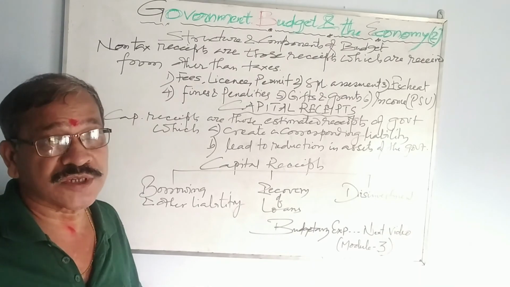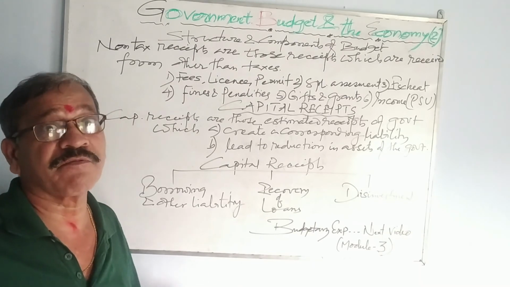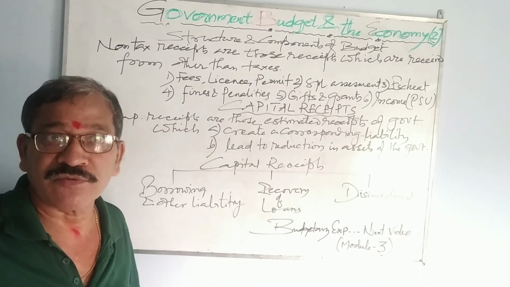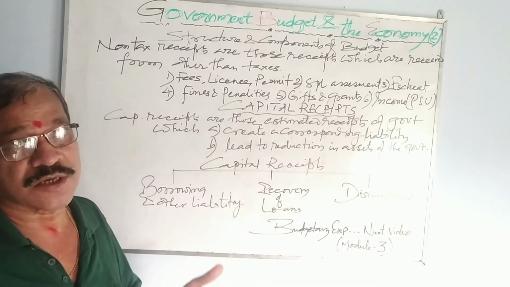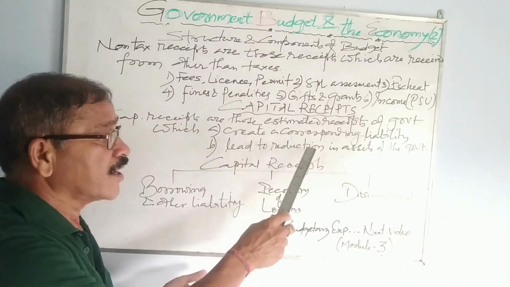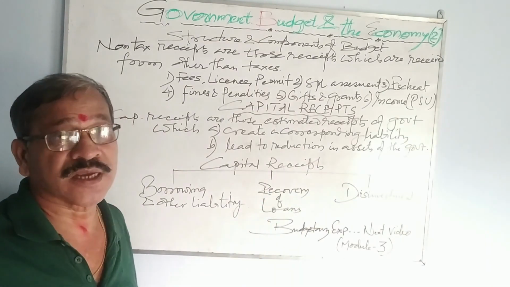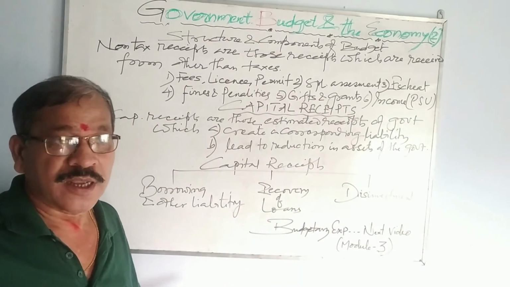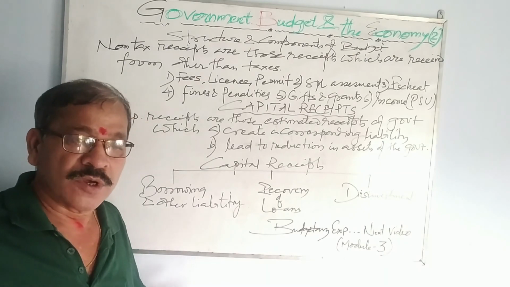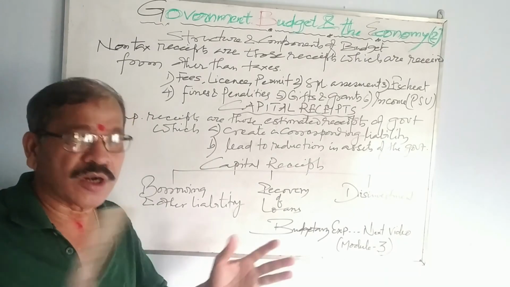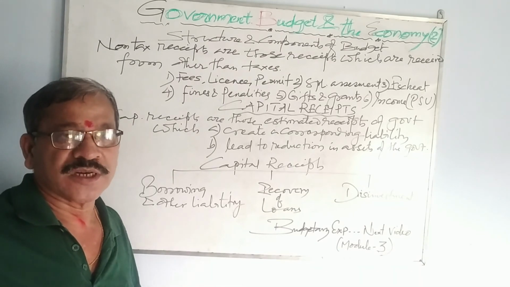Revenue receipts are those receipts which do not cause any effect to the assets and liabilities of the government. Capital receipt, just the opposite, causes a reduction in assets of the government and creates a corresponding liability. But all together, in a broader perspective, it is all budgetary receipts.